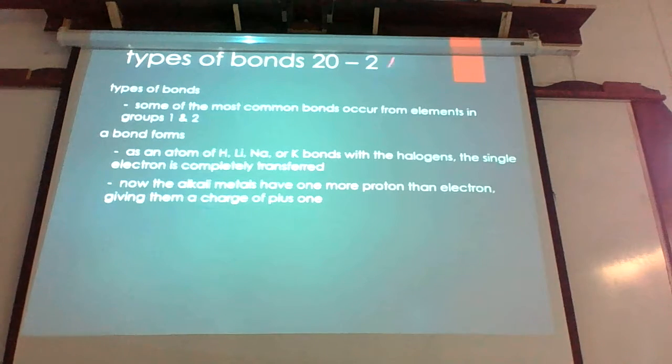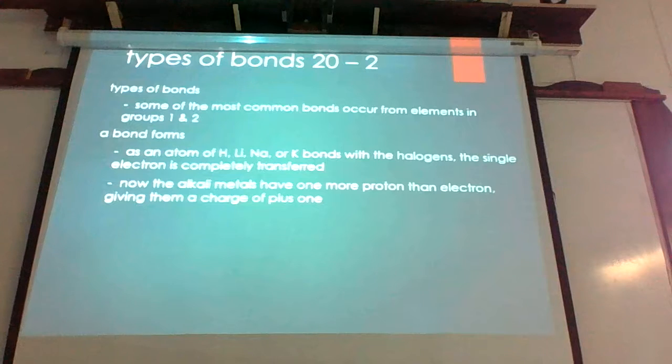So what charges are these forming then? Because it's saying it's completely transferring or losing an electron. So if it's losing an electron, what does it have more of? Electrons or protons? It has more protons. Therefore, it forms a positive charge. So those elements, the lithium, the potassium, the sodium and hydrogen, form a positive charge.